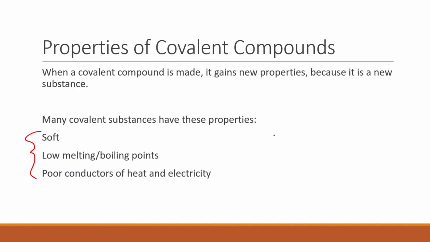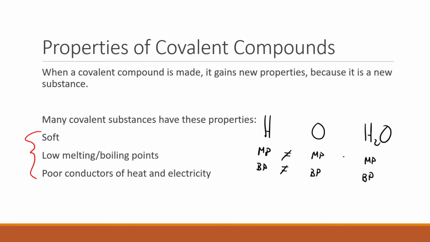For example, if we look at hydrogen, oxygen, and water, the melting point and boiling point of these three things is not equal, even though one contains the others. The fact that these are all nonmetals means that they might share these properties, but the actual numbers, if we get into the numerology of it, are very different.